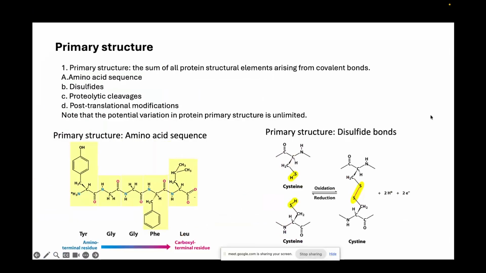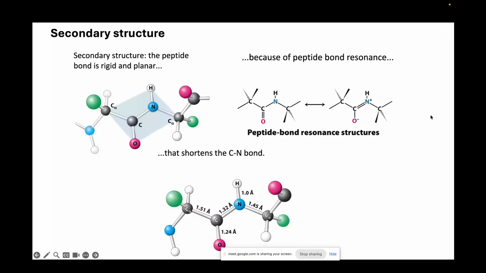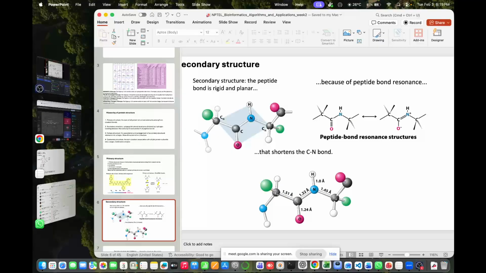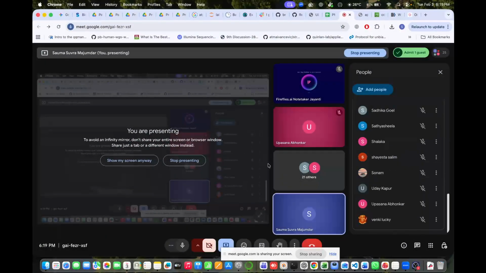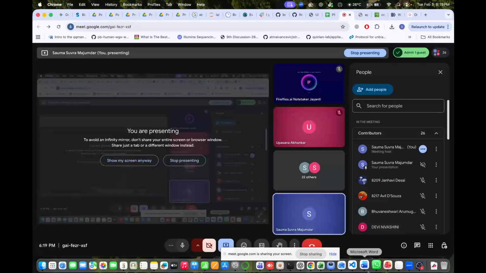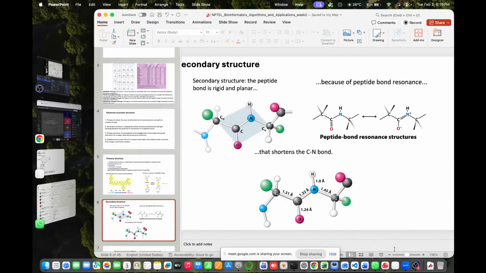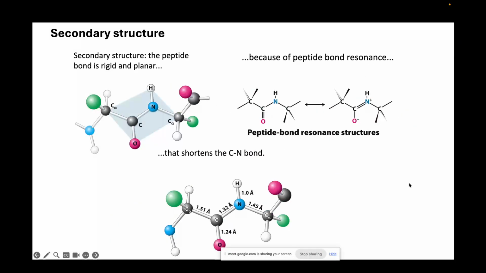Okay. Now coming to the secondary structure. As I was saying, the resonance in this particular bond is very interesting. You have a double bond here and you have an amino group here.